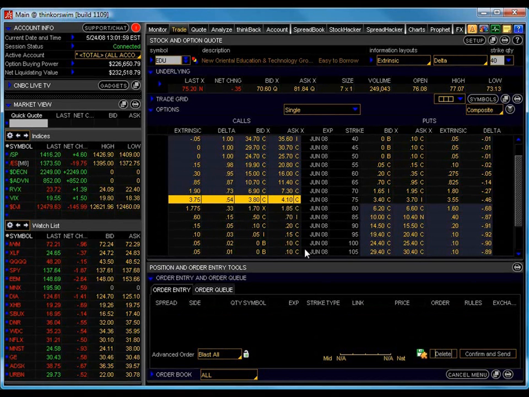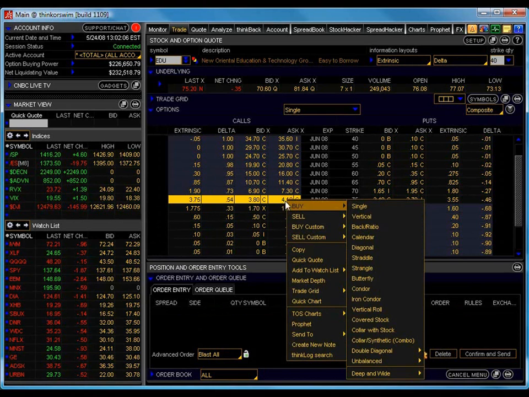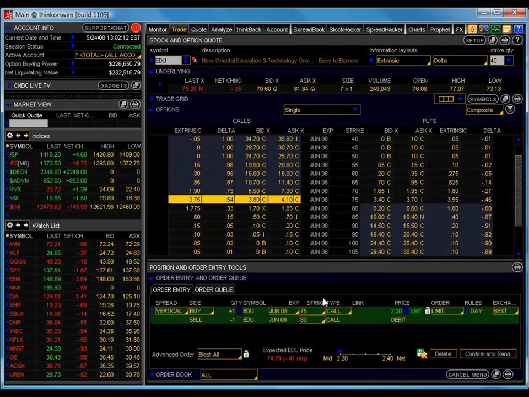Instead of entering those orders individually, what we can do is right-click on the option that we want to buy, go over to Buy Vertical, and we can see that it brings up both the option that we want to buy and the option that we want to sell in the same order entry box.